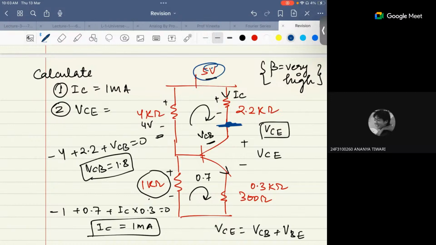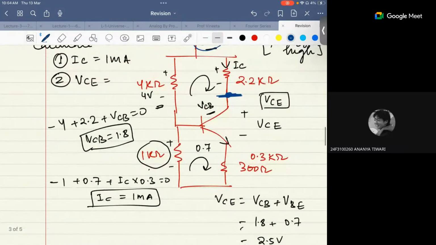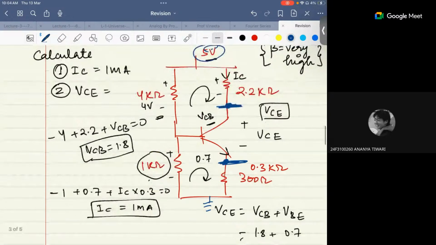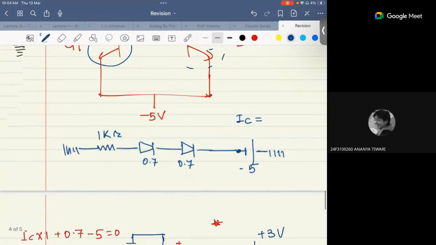You can't say 5 volt. If you have been asked to calculate the emitter, just calculate VB here. You can't say 0, even if it is grounded. And if you have been asked to calculate VCE, then VC minus VE. That means this potential has been asked. I guess this is making sense to everyone.